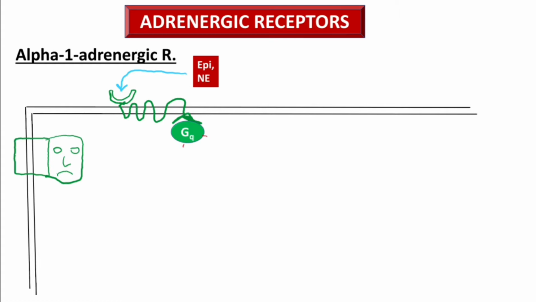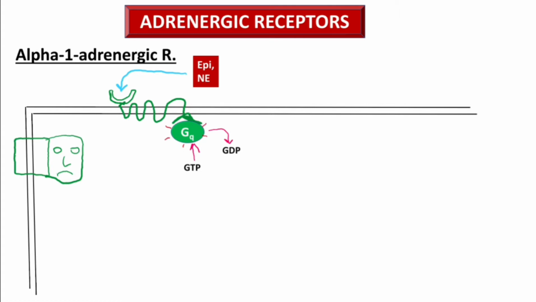Initially this G protein is coupled with GDP. On stimulation by epinephrine or norepinephrine, it drops the GDP and picks up another molecule called GTP. If it picks up GTP, it will be active.